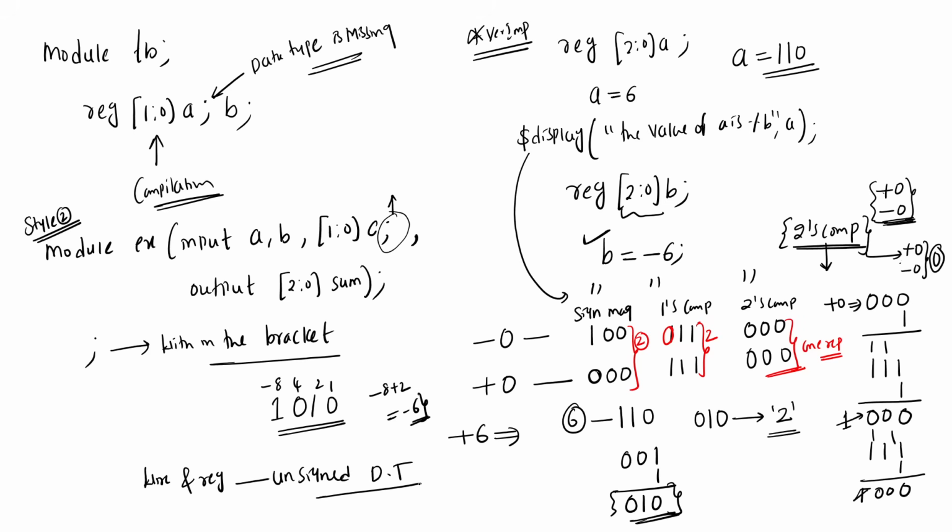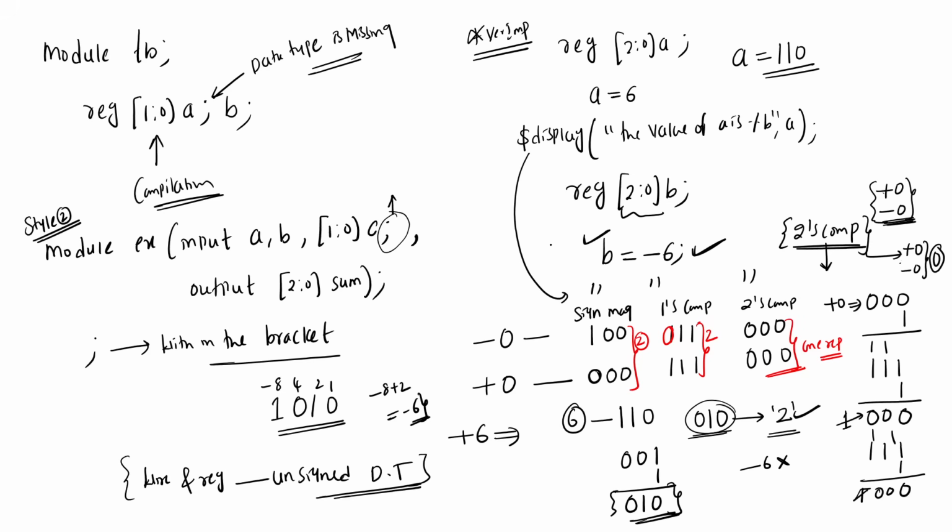So when you want to display in binary, it will display in terms of two's complement only, but in decimal it will display 2. It will not display -6, because by default wire and reg are unsigned data types.